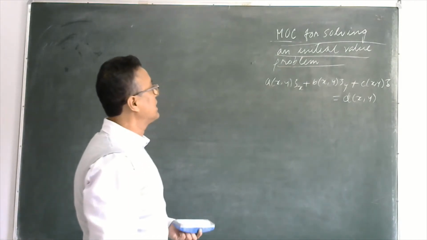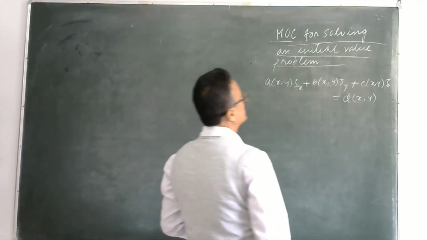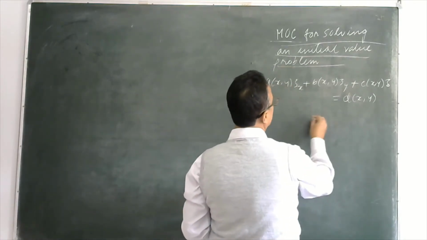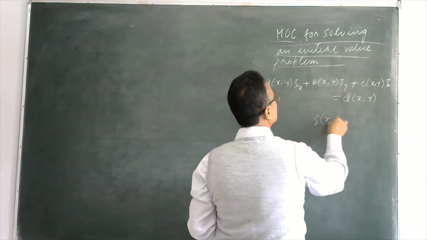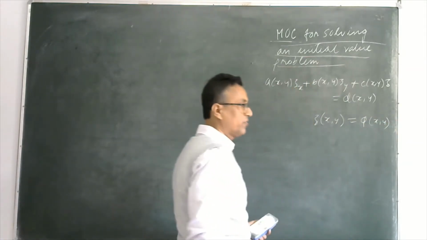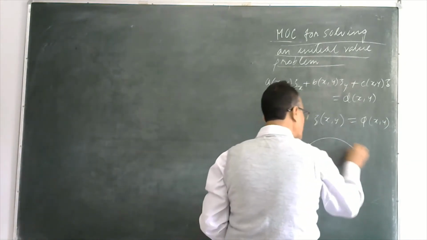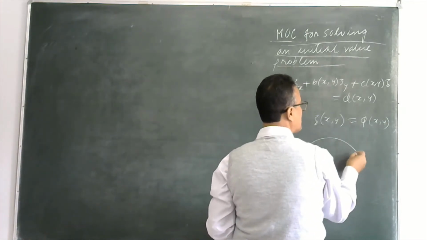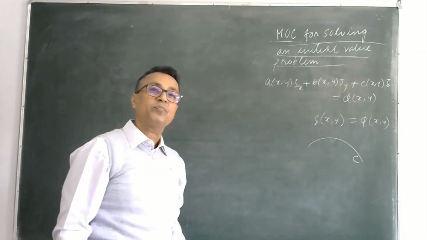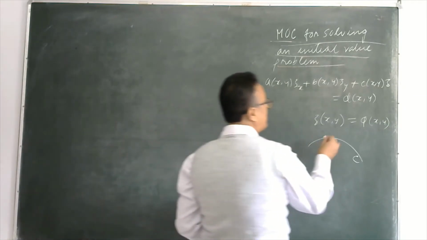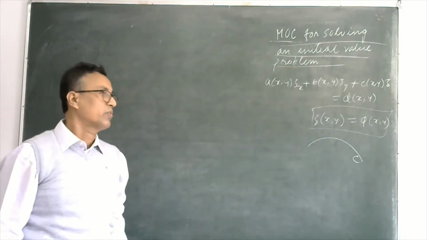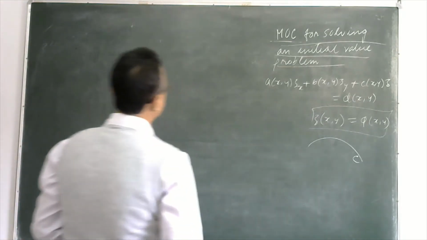Okay, and it is subject to some initial condition where your z will be given as a function of x,y, for some initial curve C lying on the xy plane, whose values will be given and the corresponding values of z also will be given. You already know it, right? Initial value problem.